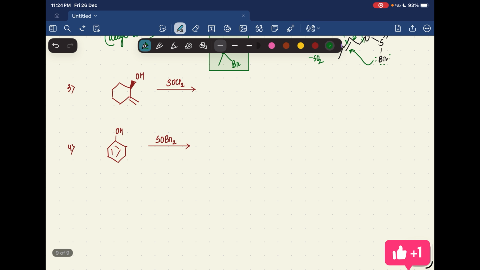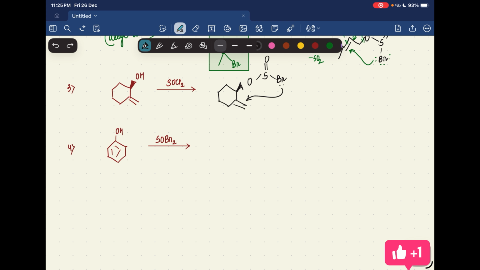In the same way, this is also another question we have. We have to follow the mechanism part again. So what will happen here? O, here it is sulfur, double bond, here it is Br. I am writing directly. So what will happen here? This will be coming like this, going like this.